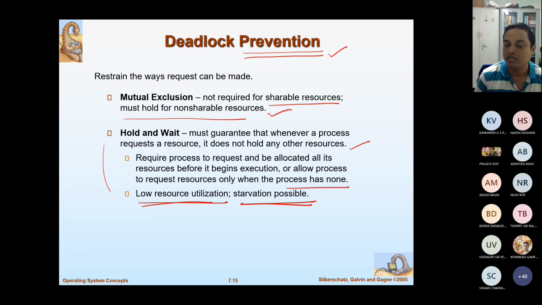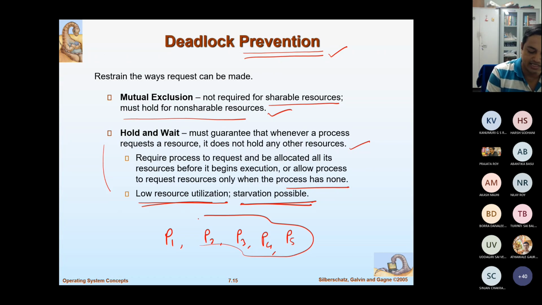On the other hand, some other processes are getting the resources. So maybe there are 5 processes: P1, P2, P3, P4, P5. In some order, all the processes are getting the resources and they are executed. And somehow process P1 is not getting the required resources the way it is looking for.